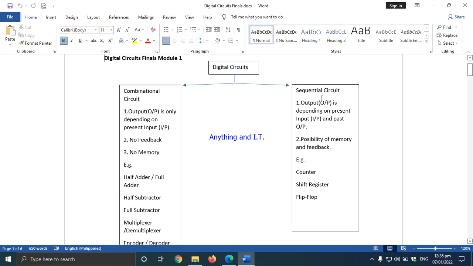Compared to sequential circuit, the output is dependent on the present input and the past output. Ibig sabihin, yung previous state niya plus yung input ngayon will determine the output. So, yun ang pinagkaiba ni combinational compared kay sequential.